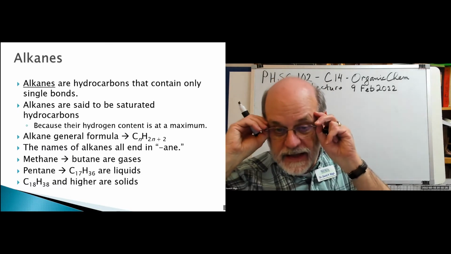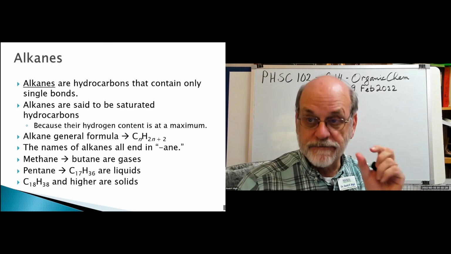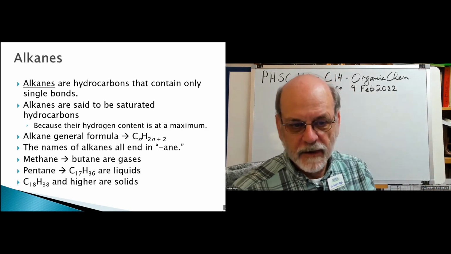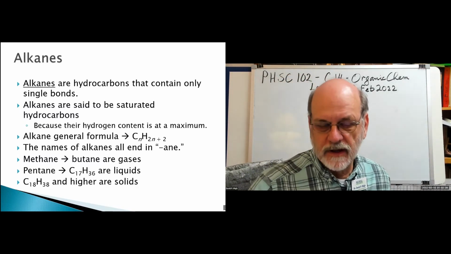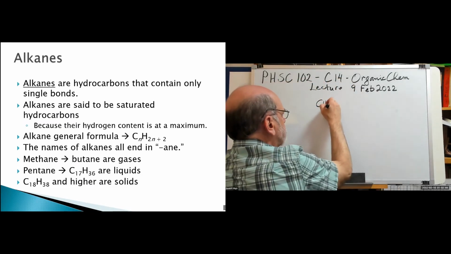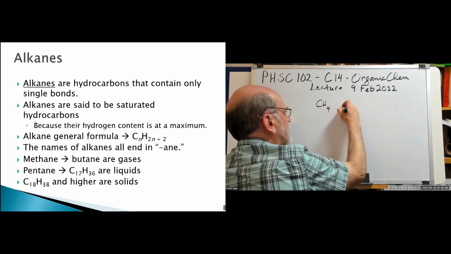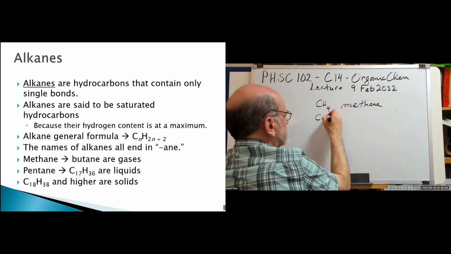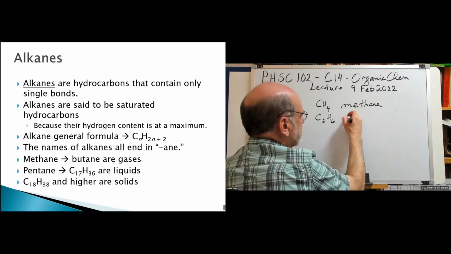Well, they all end in A-N-E, but only from pentane, 5 carbons, do we start putting prefixes for the number of carbons. Up to that point, and I think this is grandfathered in from pre-modern times, 1 carbon is methane. 2 carbons is ethane.